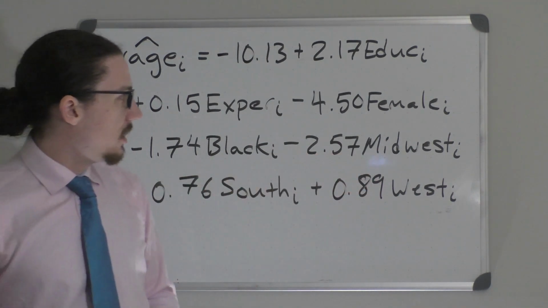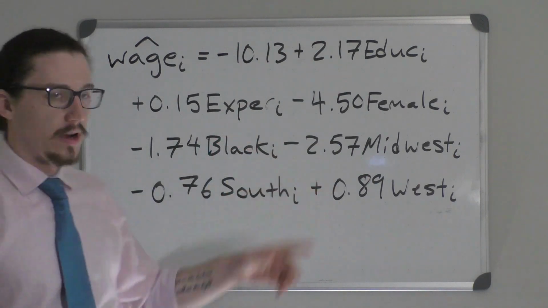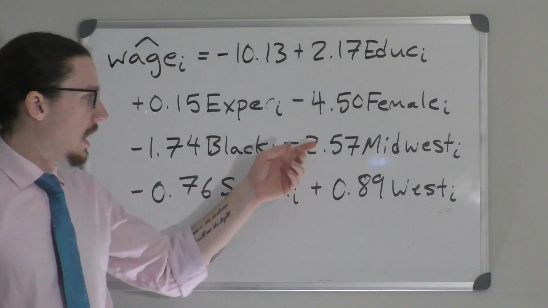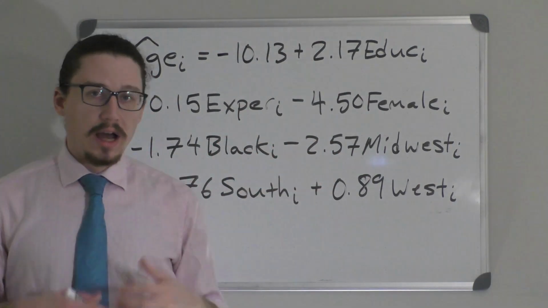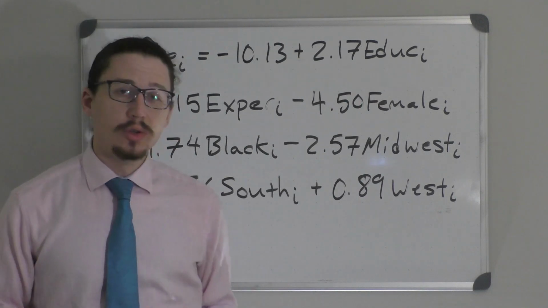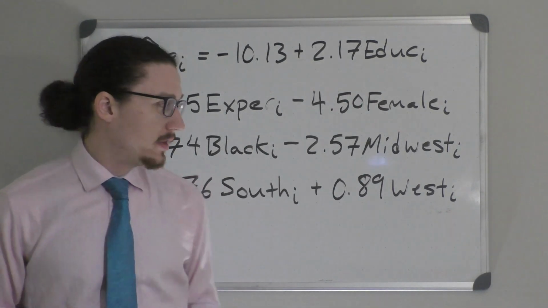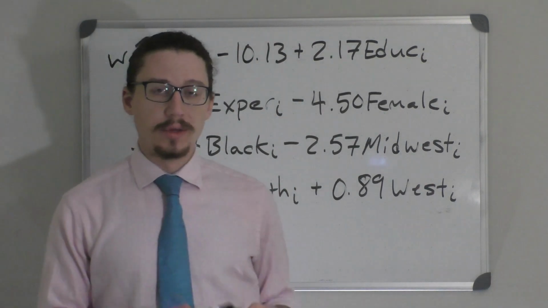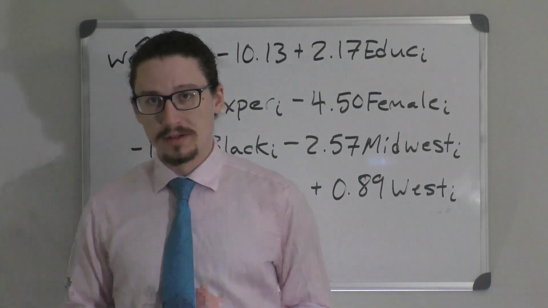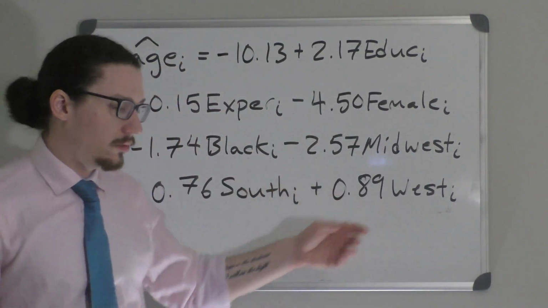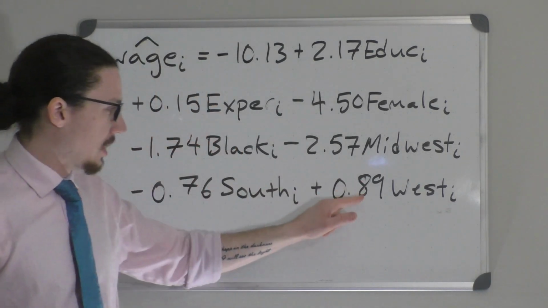So if we were to interpret B5, we would say something along the lines of, I would expect wages to be $2.57 lower in the Midwest than in the Northeast.